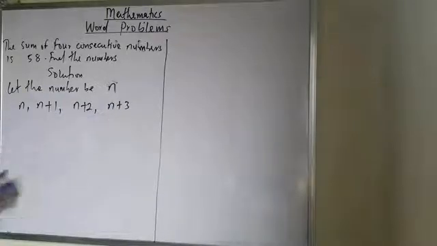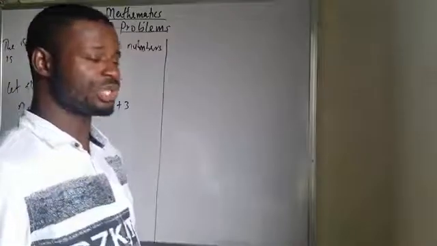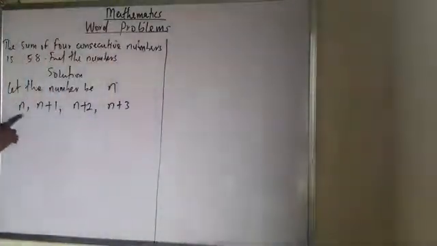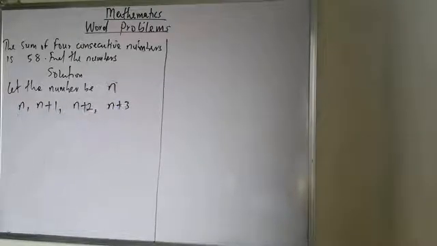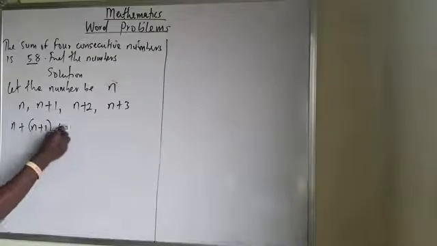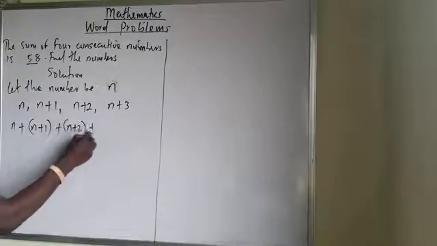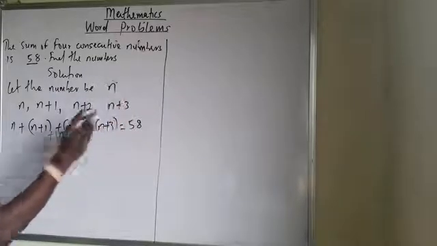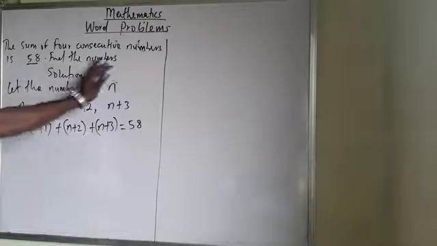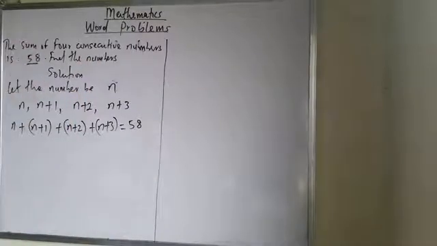By so doing, I've interpreted consecutive numbers. It means we have the first one, second one, third one, and fourth one. Now, the sum of them equals 58. It means n plus n plus 1 plus n plus 2 plus n plus 3 equals 58. By doing that, I've interpreted the statement, which is the word problem behind it.